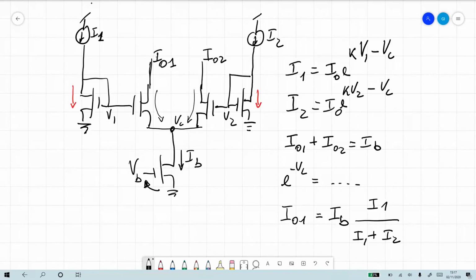You can formulate the output as a function of the input only, in current mode, in currents. The same for IO2: IO2 is IB times I2 divided by I1 plus I2.